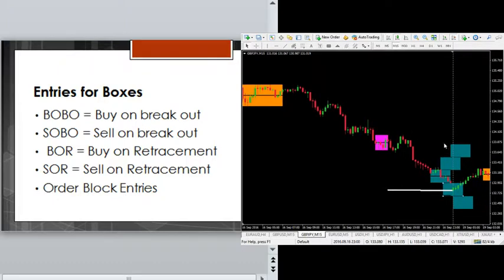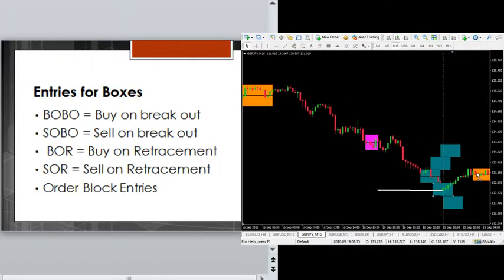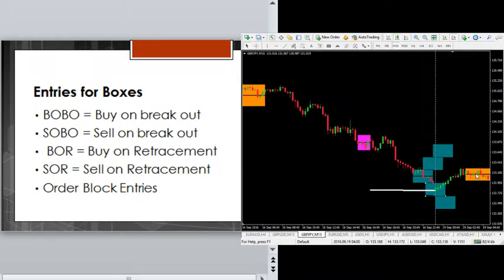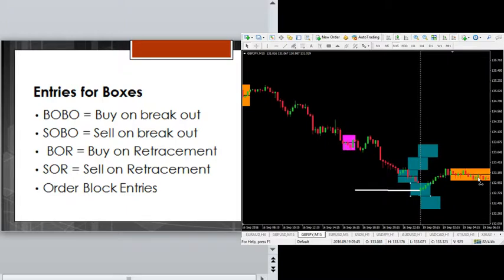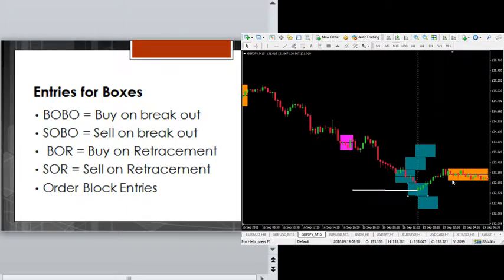As you can see, it's playing within this box. And then we have formed the pre-London box. Now again, what we're going to do with the pre-London box is just double click the box and hold the control button and then drag down and drag up to duplicate the boxes.